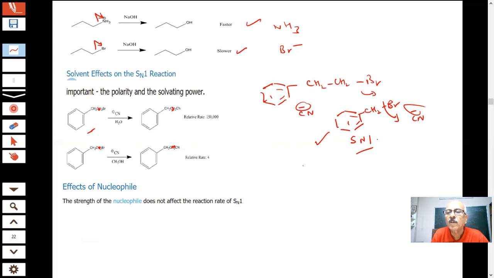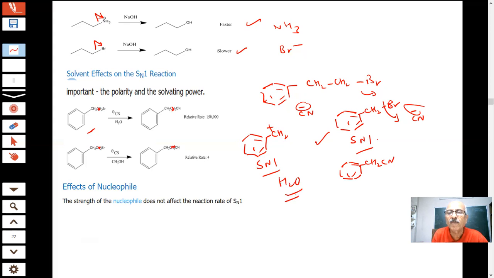What we are forming is CH2CN. And the carbocation which we are talking about is CH2 plus. This is a benzyl carbocation. It is resonance stabilized, so this is very good for SN1 conditions. And this will be solvated more by water.